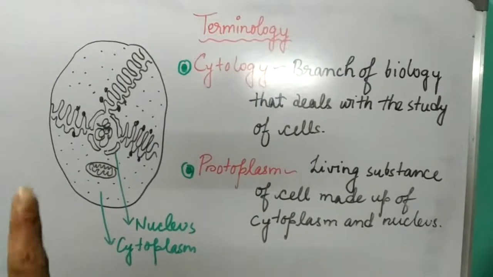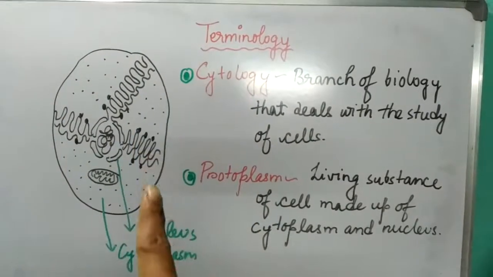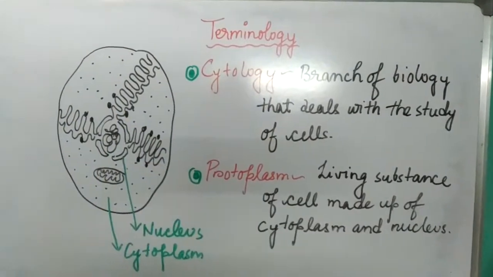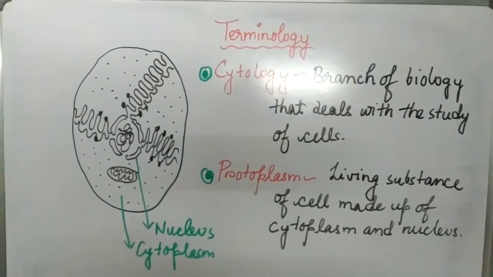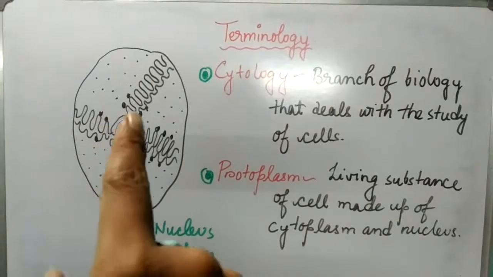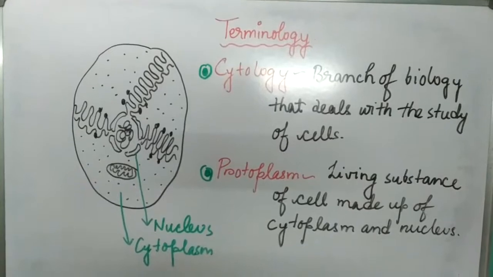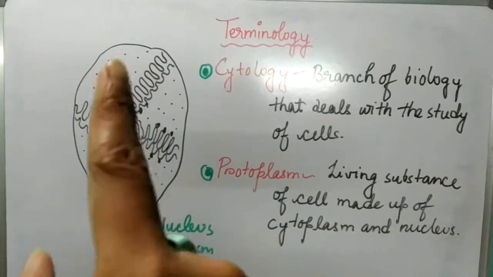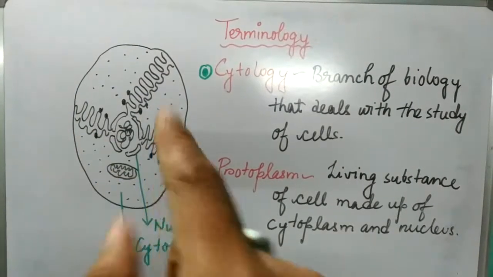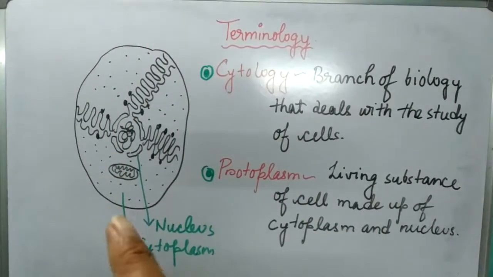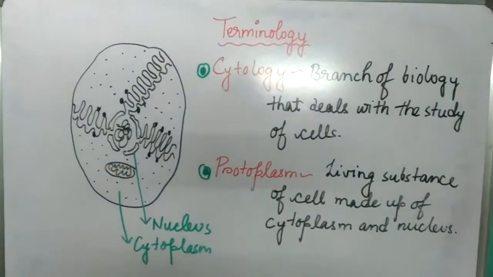Now you see, students, on the left hand side I have drawn a magnified view of a cell. This magnified view consists of a round portion in the center. This is known as the nucleus, and the dotted structure covering the entire cell is known as the cytoplasm.